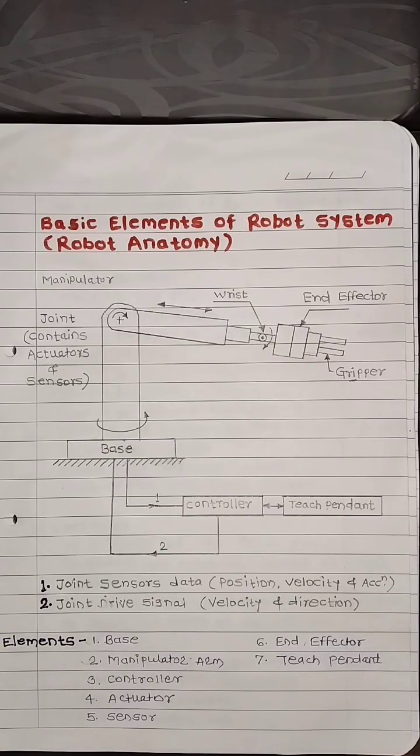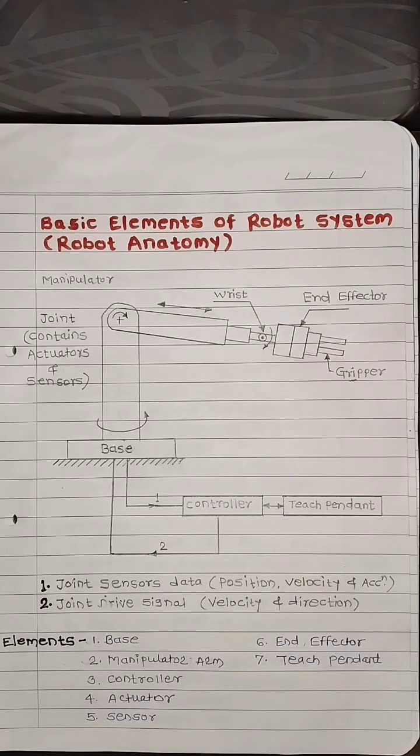Then some user LEDs are provided on the teaching pendant to indicate some actions. If we press the emergency stop switch, the red LED lights up to show the emergency stop switch is pressed. Likewise, various emergency stop switches as well as user LEDs are provided. Then some mode control buttons and manual control buttons are also provided.